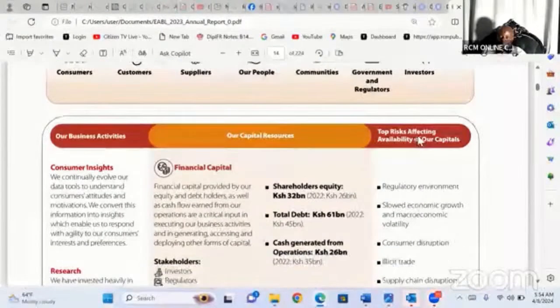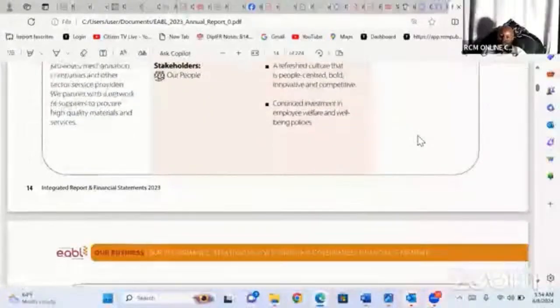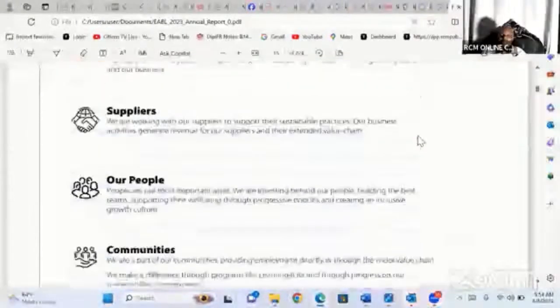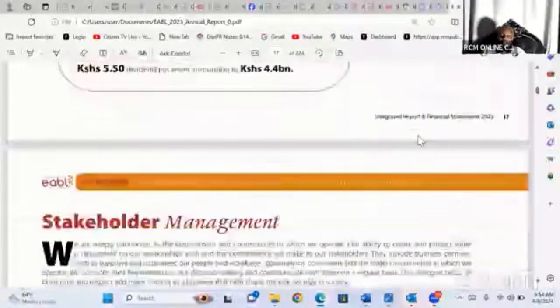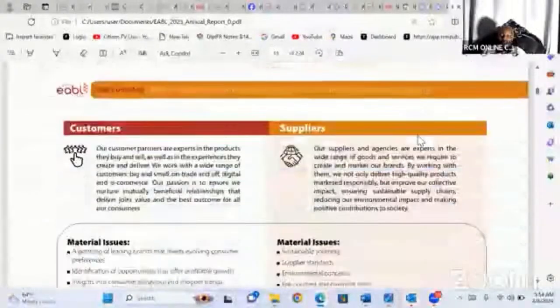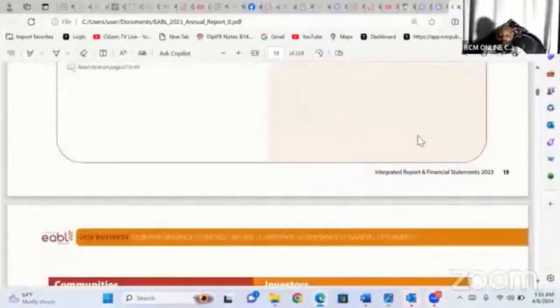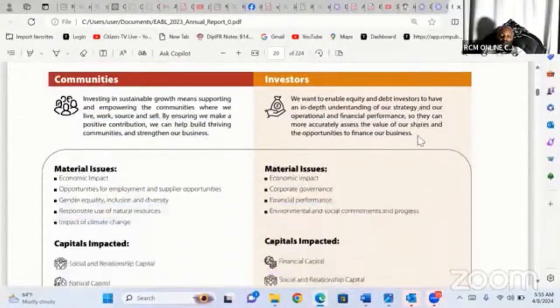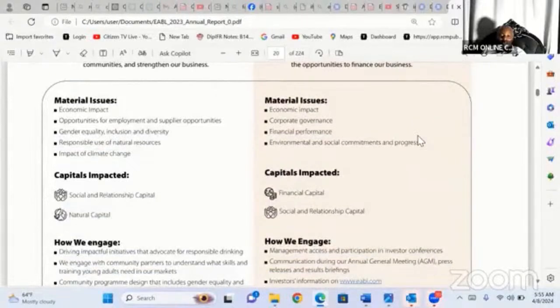Are they showing the pages? Yeah, we're almost there. Let's get to see what these guys normally talk about. You can see now here they are talking about capitals impacted. Yesterday I told you about capitals. So you can see social and relationship capital, natural capital was impacted.